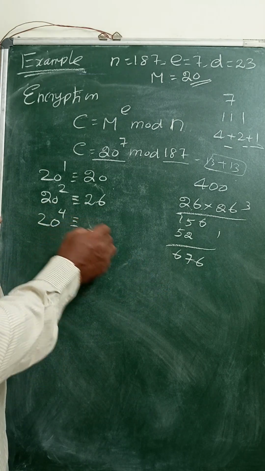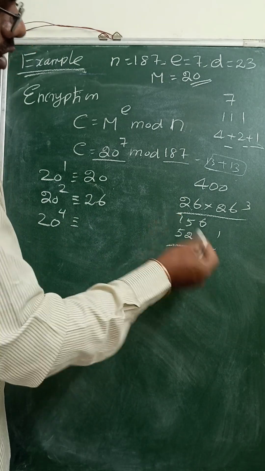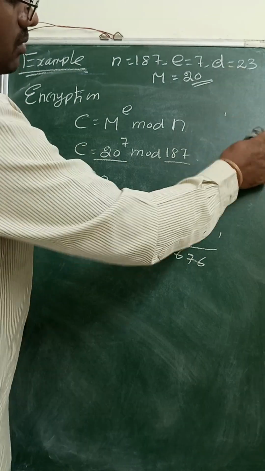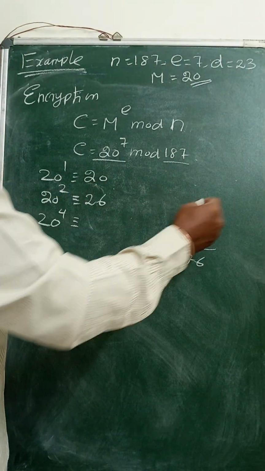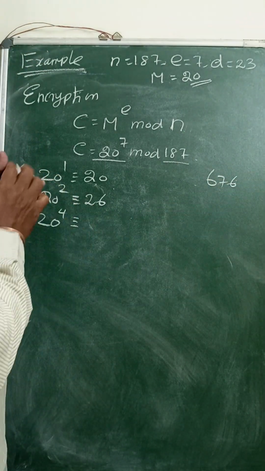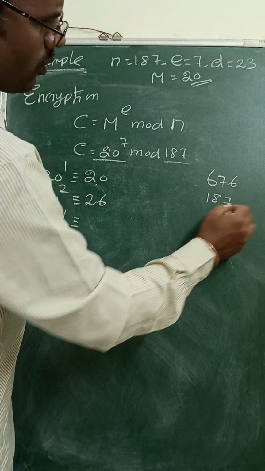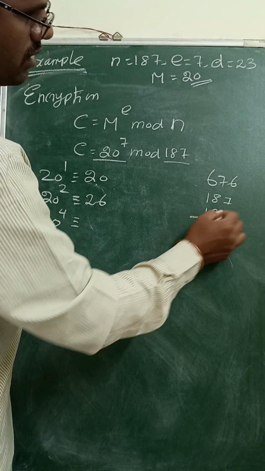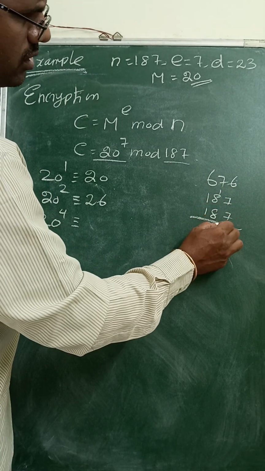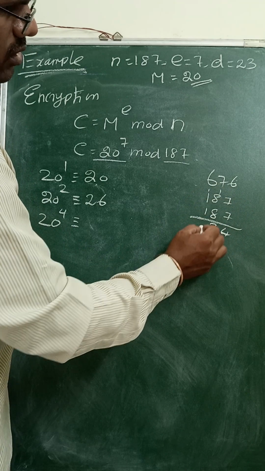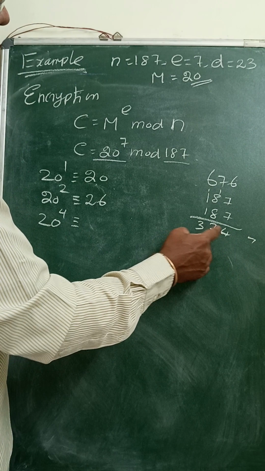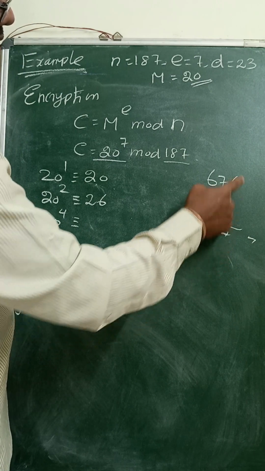676 mod 187. We already have the first number, 187. We have to see how many times it is possible. 187 and 187: 374, which is 2 times.